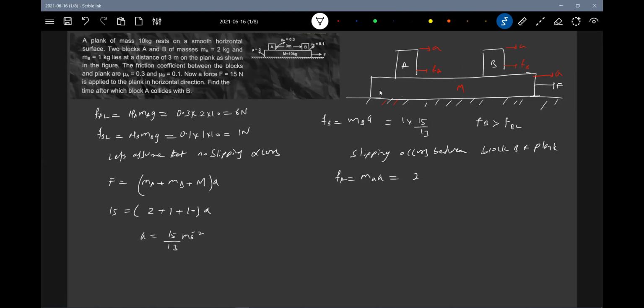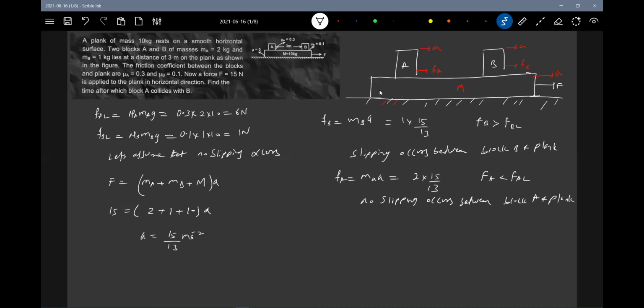Mass of the block A is 2, acceleration 15 by 13. I think this will be less than the limiting friction. So no slipping occurs between block A and plank. This is the conclusion.